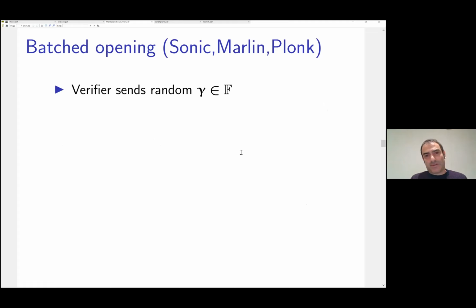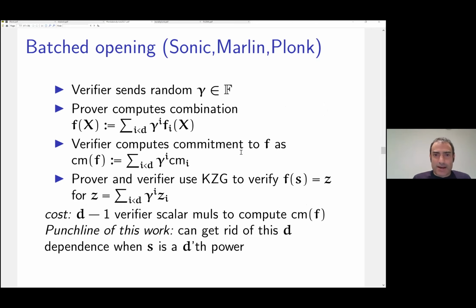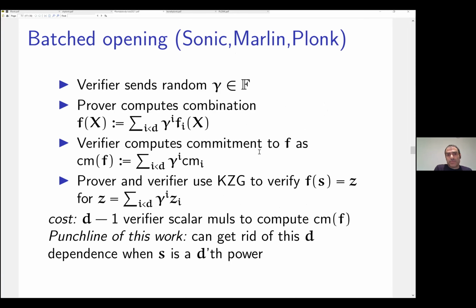And the less naive thing that has been used a lot in these last few years is the following scheme for batch opening. Here, the verifier will send some random gamma. And now the prover will compute this random combination of the polynomials.